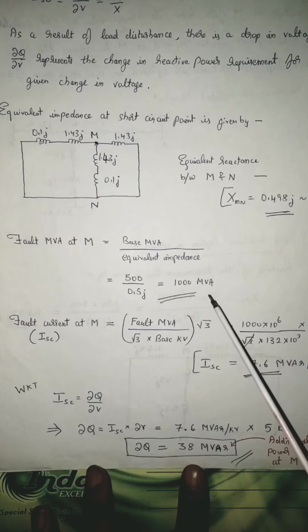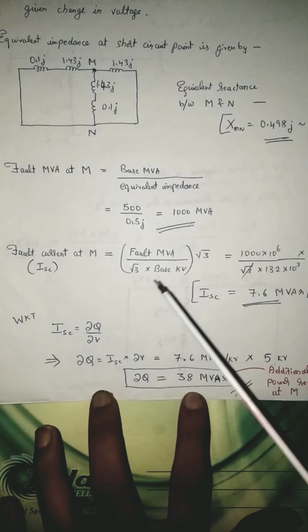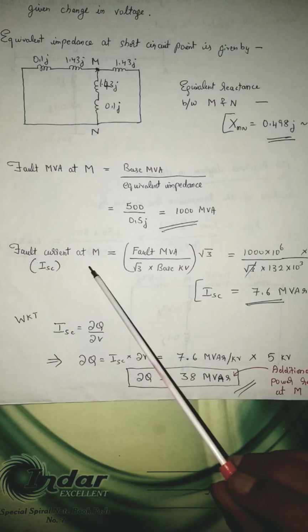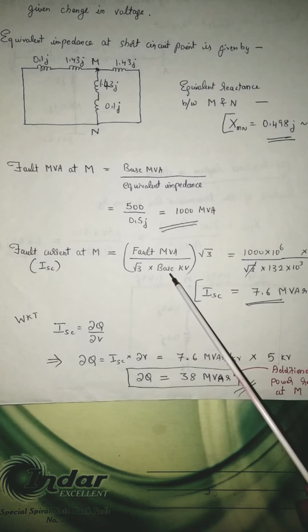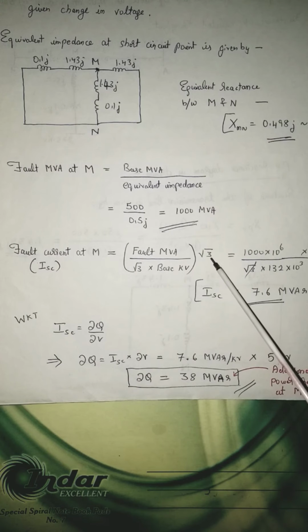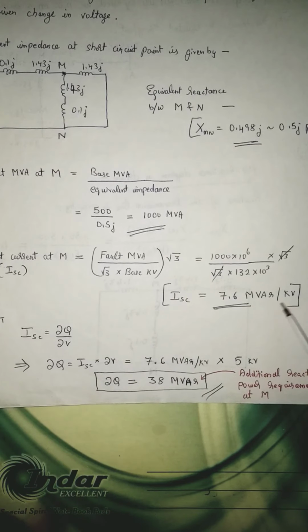Then I'm interested in calculating the fault current at this particular point M. Fault current is nothing but the short circuit current, given by fault MVA divided by root 3 into base KV, again multiplied by root 3. So fault MVA is 1000 into 10 power 6, into root 3, divided by root 3 into 132 into 10 cube. This gives me 7.6 MVAR per kV, megavolt ampere reactive per kilovolt. This is the short circuit current.